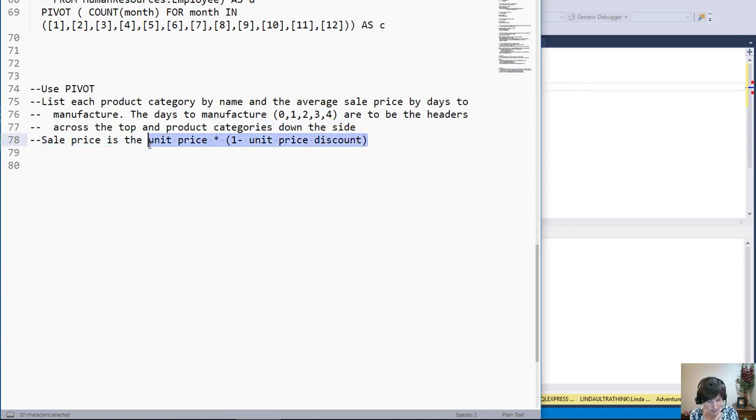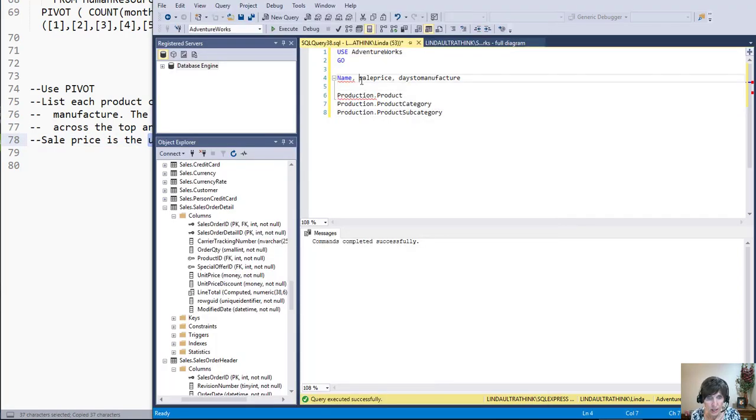And let's go ahead and copy this over, and we're going to actually do a calculation. And unit price starts with a capital U and is one word with a capital P between it. So there's the unit price times 1 minus, and the unit price discount, capital U, capital P, capital D. And that's the computation that we're going to do, and we'll label this when it's done computed as sale price.